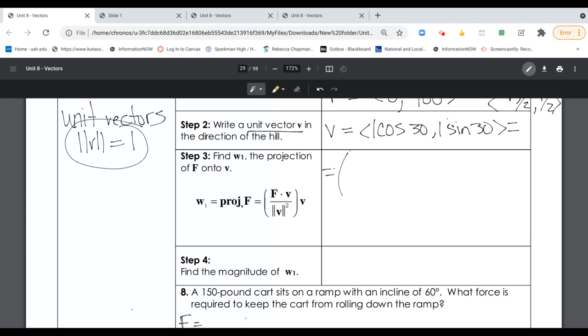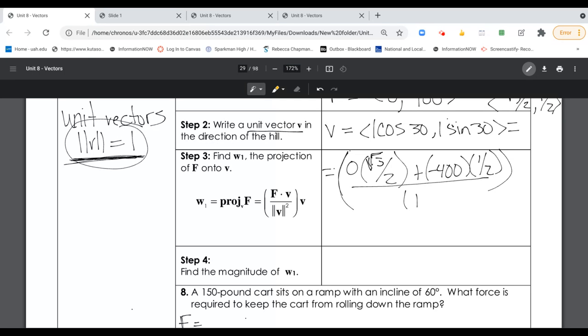So when I do this, I'm going to get 0 times the square root of 3 over 2. I apologize, my pen didn't pick that square root 3 over 2 up. We're going to add that to negative 400 times 1/2. All of that is over the magnitude of V squared. So if this is a unit vector, the magnitude is 1, and we're going to square it.